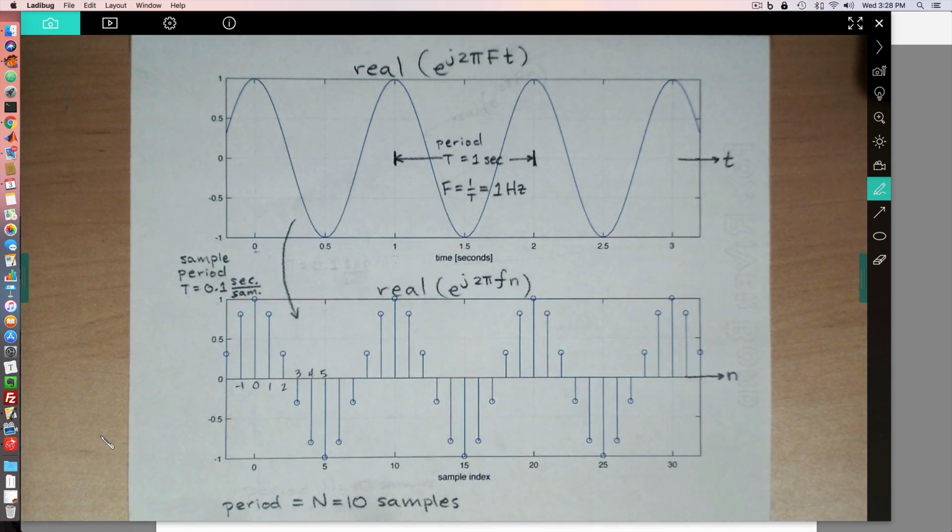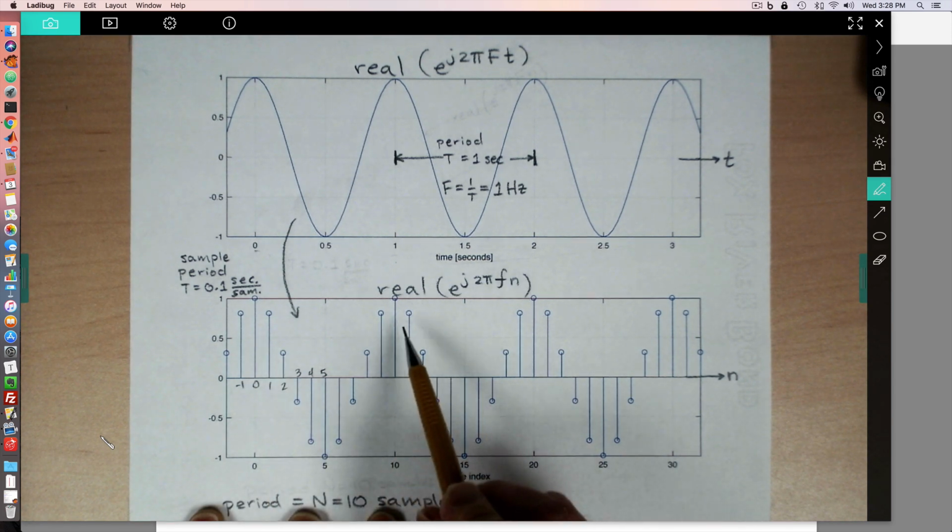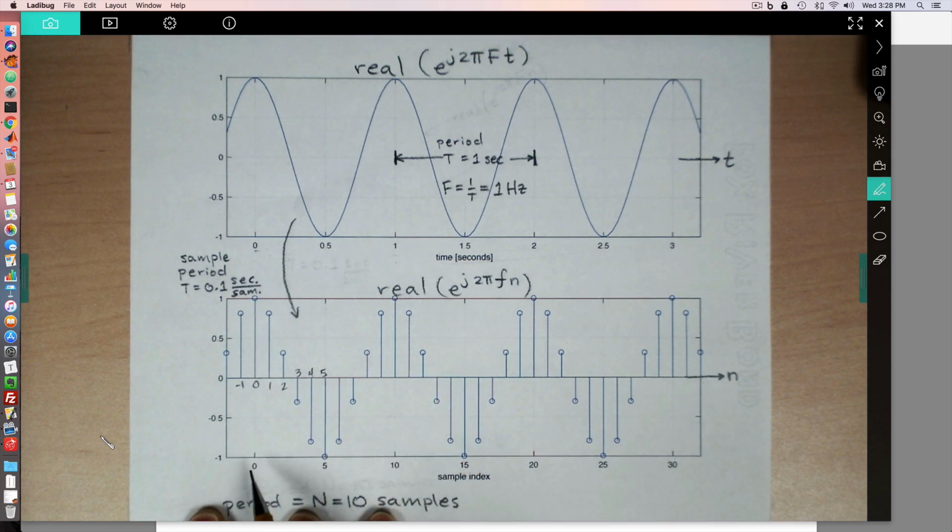Down here below, if you look closely, how far do we have to move in time before this sequence of numbers repeats itself? You can see that the answer is 10, because I go from 0 up to 9. That's one period, and then the next period starts here on sample index number 10. So the period of the discrete time sinusoid is 10 in this example.